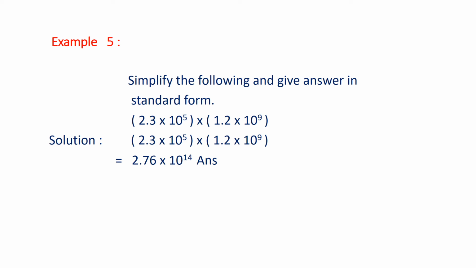Example 5. Simplify the following and give the answer in standard form. 2.3 into 10 raised power 5 into 1.2 into 10 raised power 9. The point to be noted here is that in case of multiplication or division, we do it directly, means we multiply 2.3 by this number 1.2 directly and get this answer 2.75.